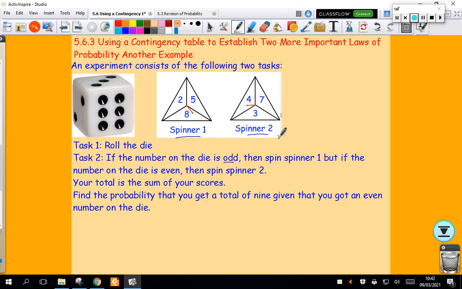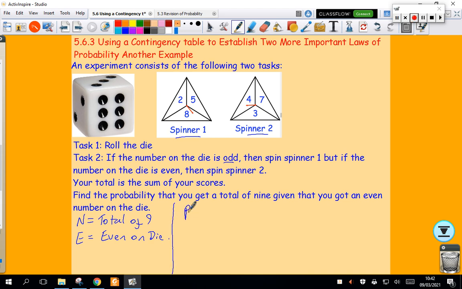We want to find the probability that you get a total of 9, given that you got an even number on the die. So I'm going to let N be the event I get a total of 9, and E being the event I get an even on the die. I want to find the probability you get a total of 9, given that you got an even number on the die.